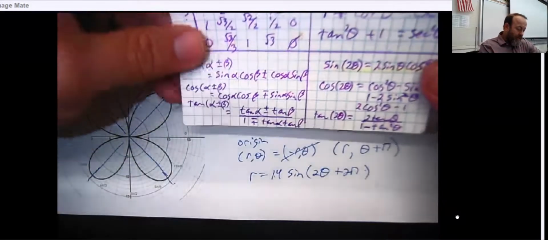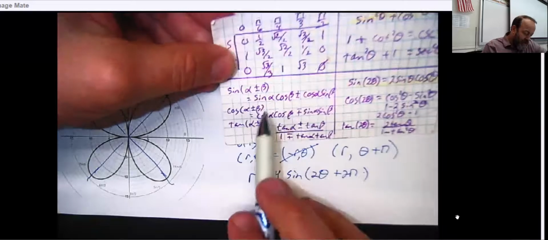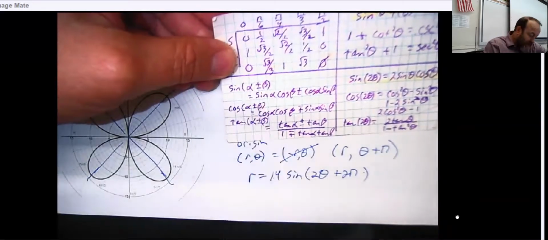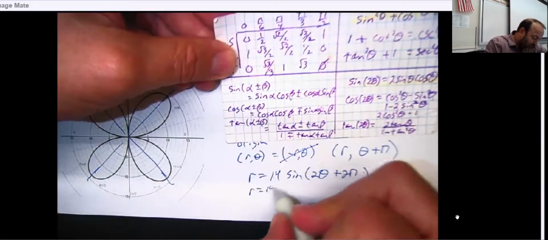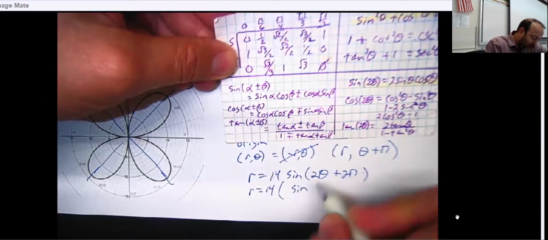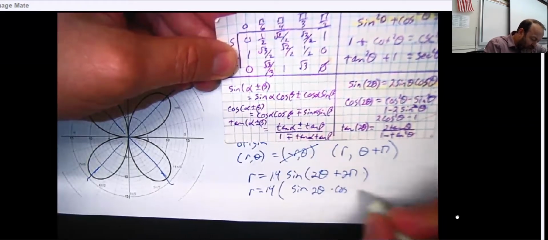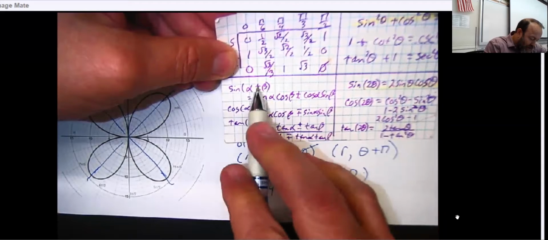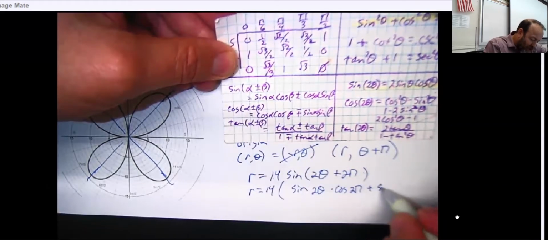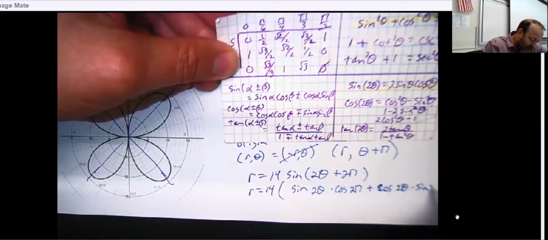But what's kind of cool is we just ended up with an argument that looks like this. It's the sine of something plus something, which means we've got 14 times the sine of the first, 2 theta, times the cosine of the second. There's a plus, so it's plus cosine of the first times the sine of the second.